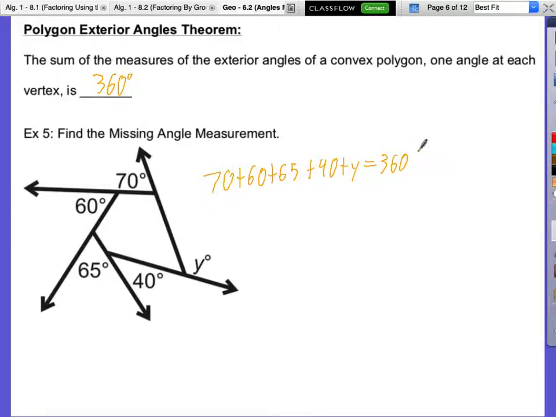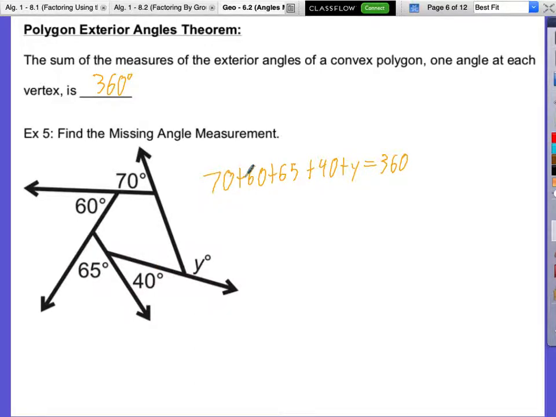Okay, hold up, look up here. So, Josie said we have a polygon right here, a convex polygon. Everything points out, not in. Convex, not concave. Nothing caves in. We add up these exterior angles and they equal 360. Do we need to know how many sides this polygon has? Not really. So we would solve this like we would normally.